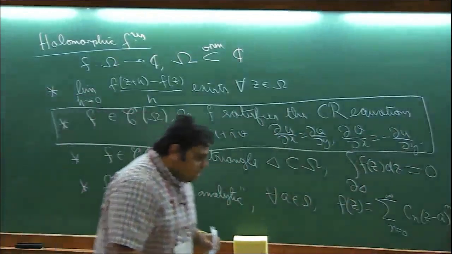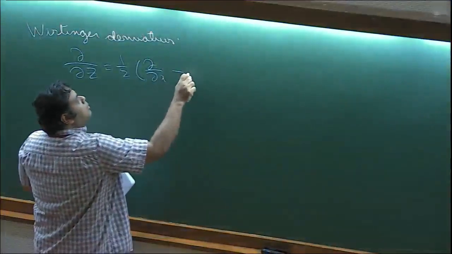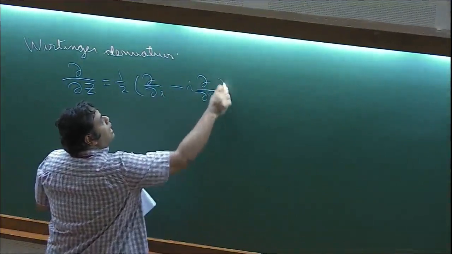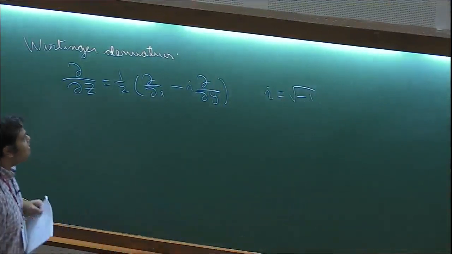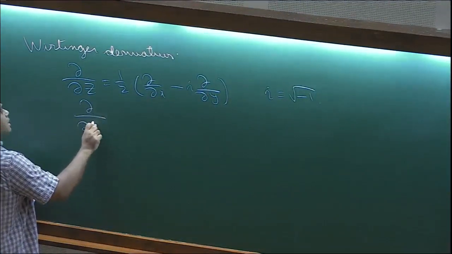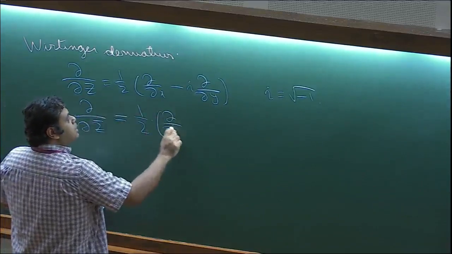And we prefer to write this using the Wirtinger derivatives. Let us quickly recall what they are. So the d over dz operator is 1/2 of d over dx minus i times d over dy, where i is the square root of -1, and we also have the z bar derivative, which is just its complex conjugate.